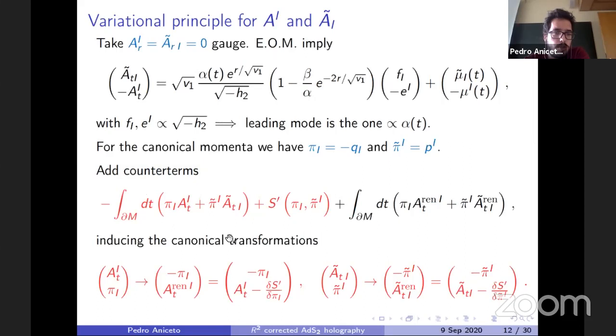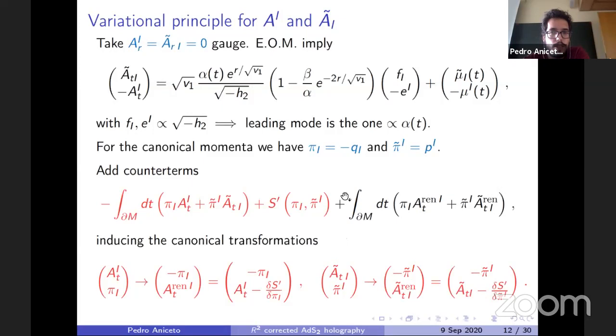These two terms in red give you this canonical transformation on the fields. We keep the conserved charges constant; they are not disturbed in any way, but we end up renormalizing the gauge fields, and the whole idea is to find the boundary counter term that kills off this alpha leading term in the gauge fields.